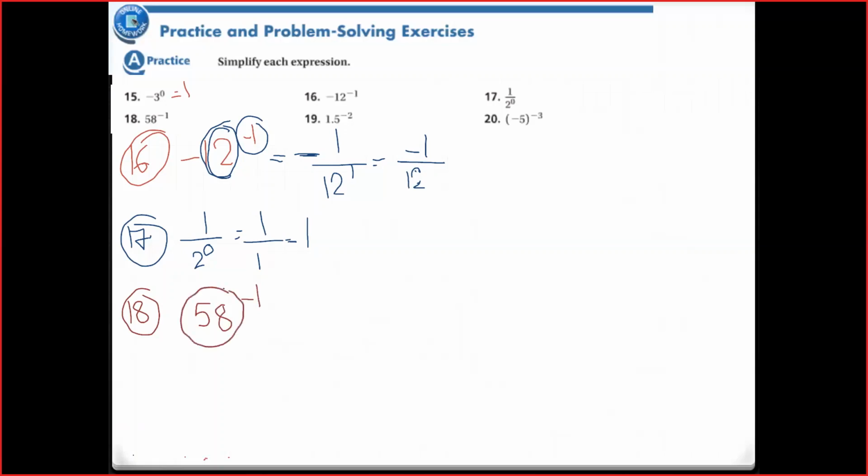What is the base here? What is the reciprocal of 58? 58, thank you. What is the opposite of negative 1? 1. So the answer is 1 over 58. Yes.